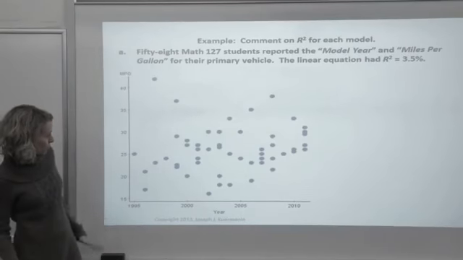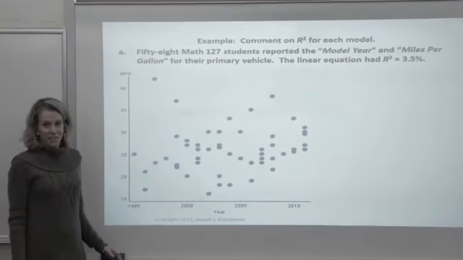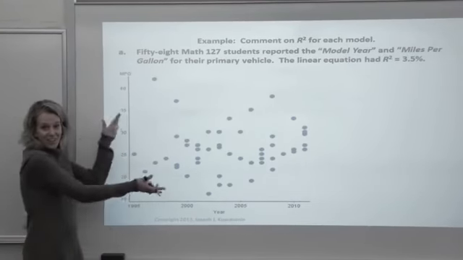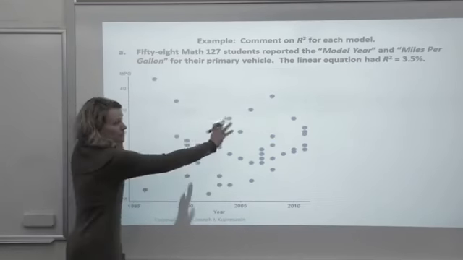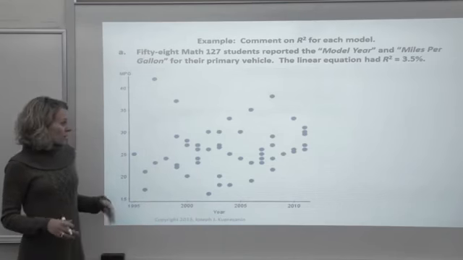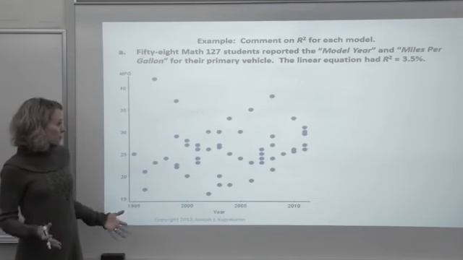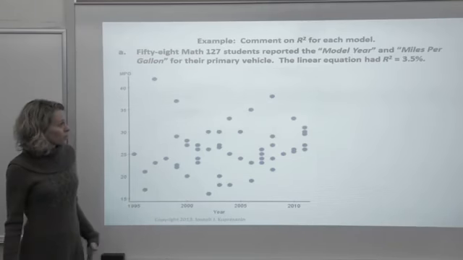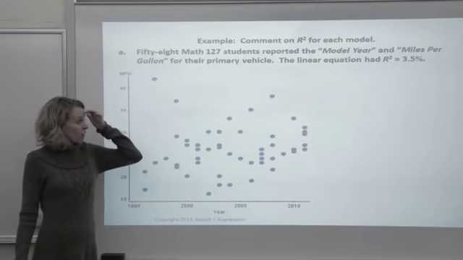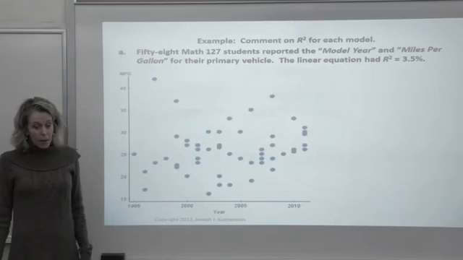So first off, when you look at the scatter plot, you don't right away say, oh wow, nice linear relationship between these two variables. This is more of a random scattering of points. So a linear model might not have been the best choice for this one based on the scatter plot. But if you did run a linear model, you'd get an R squared value of 3.5%.